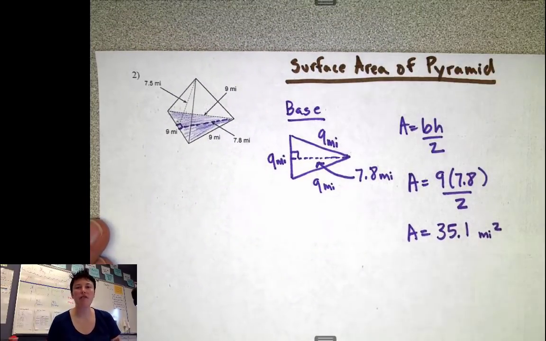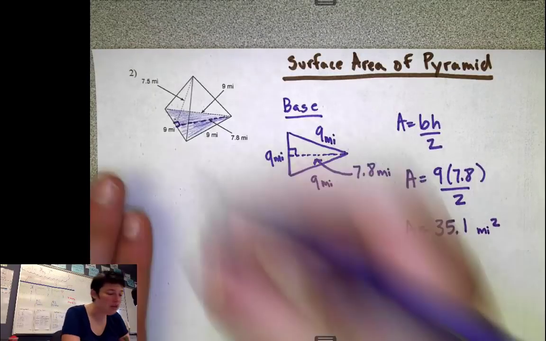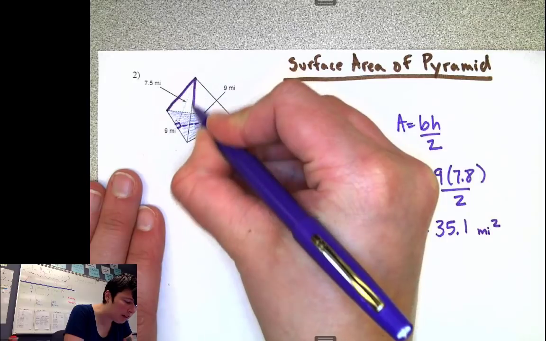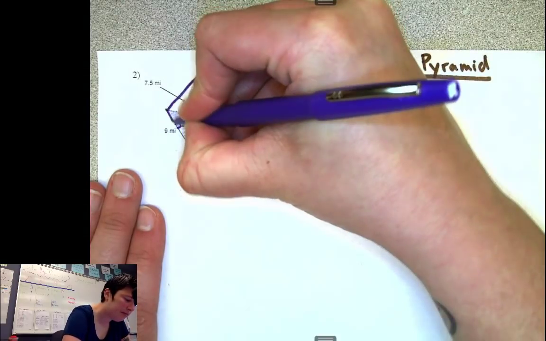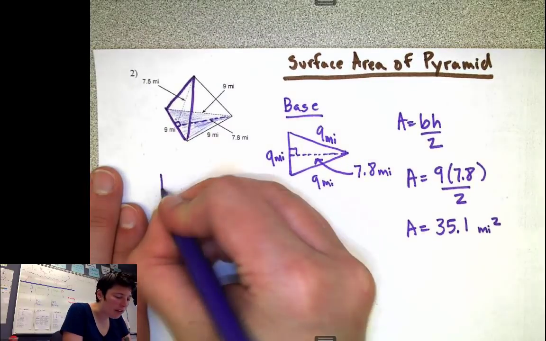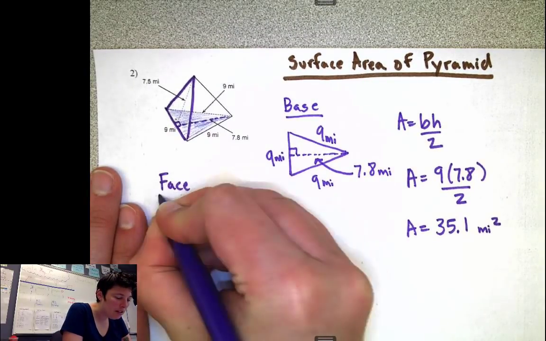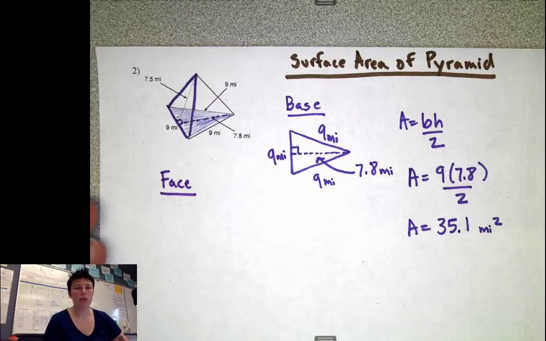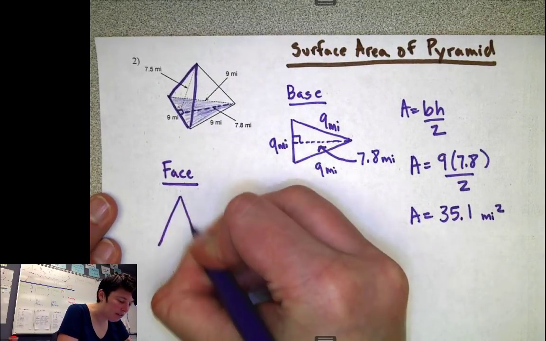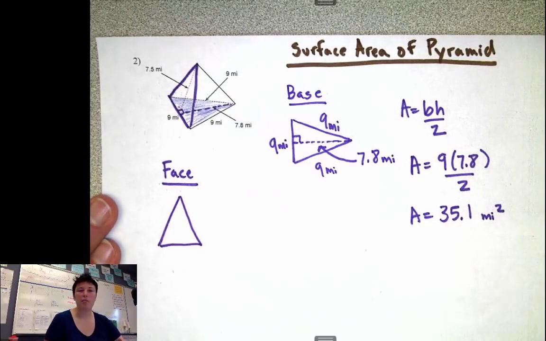So now let's work on the faces that wrap around these triangular faces. So something like this right here. Now if we look closely at that face, I'm going to label it over here, face. It's in the shape of a triangle, which is not surprising at all, but we need to sketch it out and we need to write its measurements.